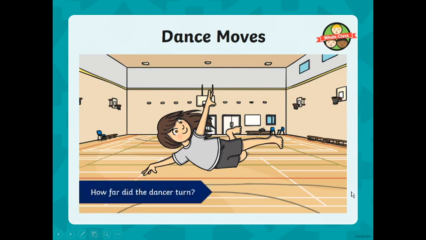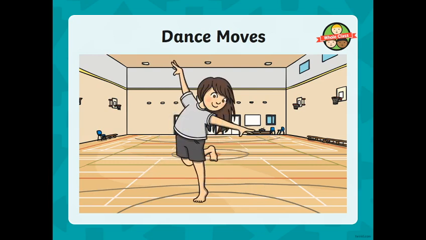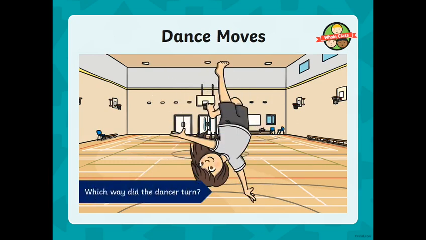Okay, how far did the dancer turn? Did she do a quarter of a turn, a half of a turn, 3/4 of a turn? And the answer is a quarter of a turn. Okay, now which way did the dancer turn?